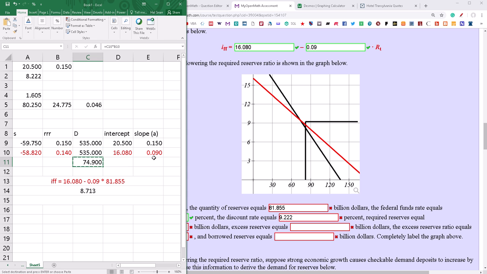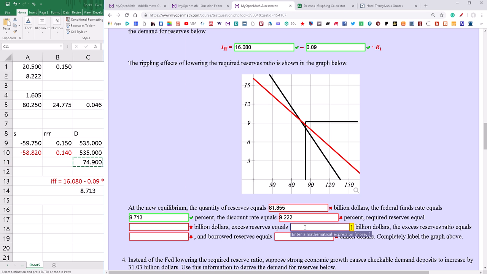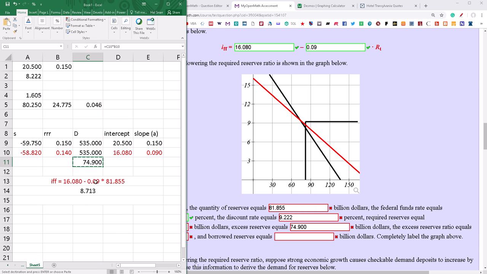So required reserves are 74.90. So required reserves fell.